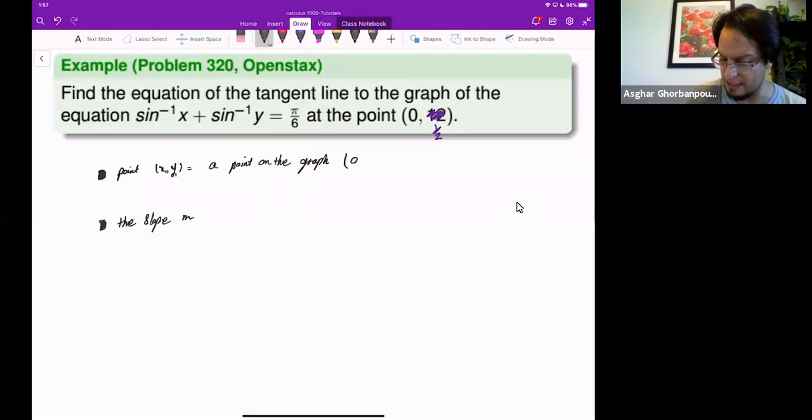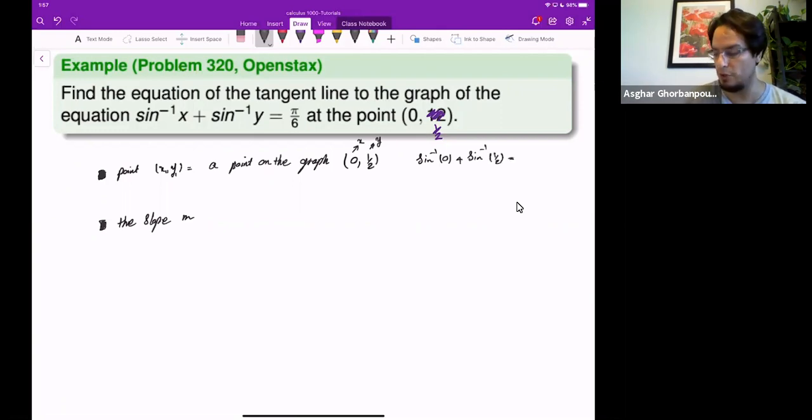The point is given. This is (0, 1/2). Actually, you can check that this is a point on the graph of the equation. Why? Because if I plug in x equal to 0 and y equal to 1/2, I get sine inverse of 0 plus sine inverse of 1/2.